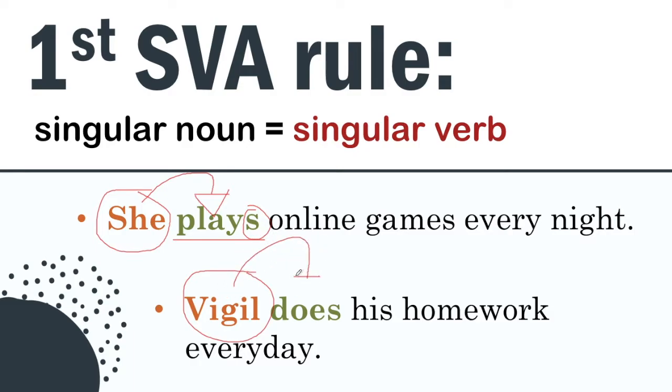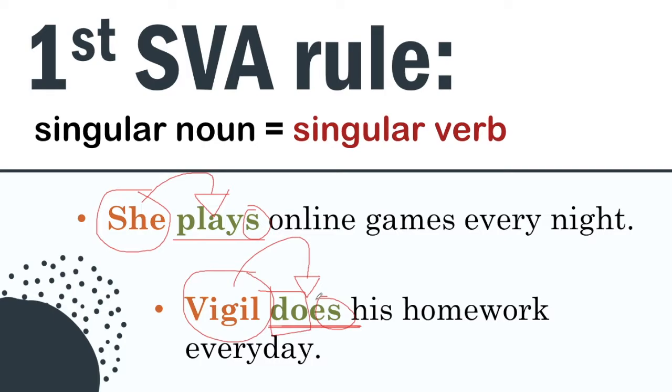Definitely, we have to use a singular verb. Do is the base form, right? Do is also the plural form. But we can't use do since we're only talking about Vigil. Only one. So we have to use does. We add ES. Okay? All right, I hope you got that.